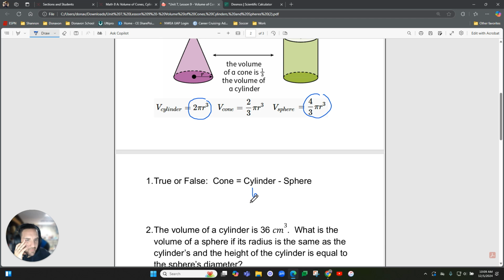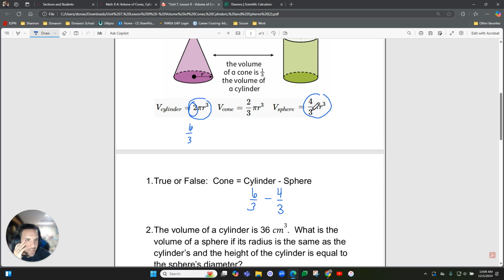By the way, this exact formula is actually in the lesson. What I'm showing you here, you don't even need to know, but I'm just showing you why it's true. And I subtract 4/3, which is the volume of a sphere, right? All I'm doing is I turn 2 into 6/3, because 6/3 is 2, so I have a common denominator.